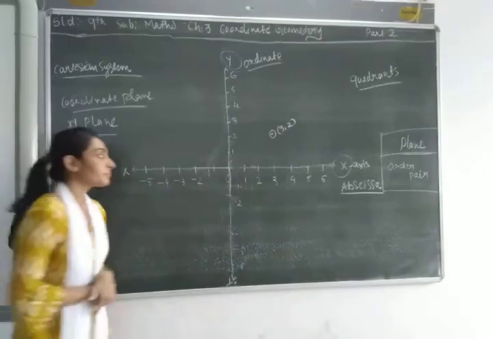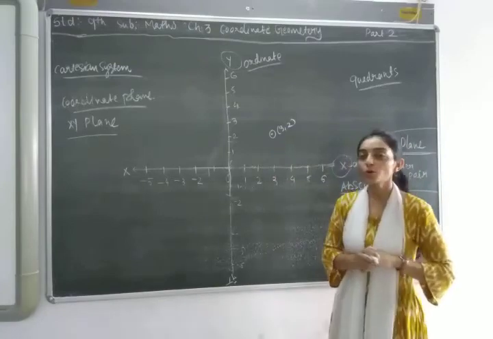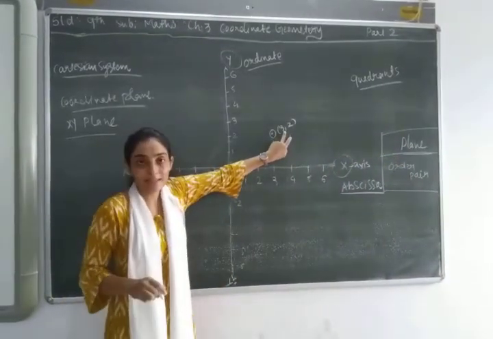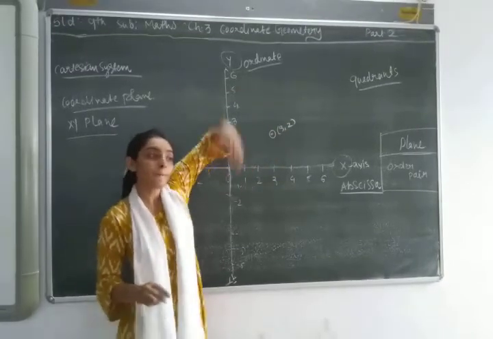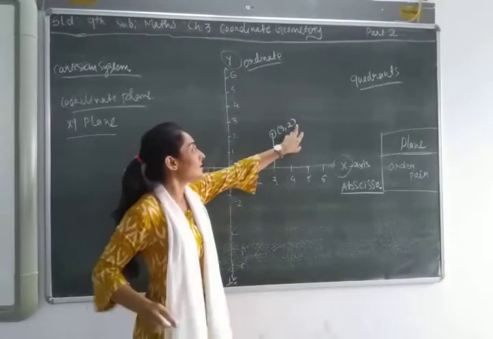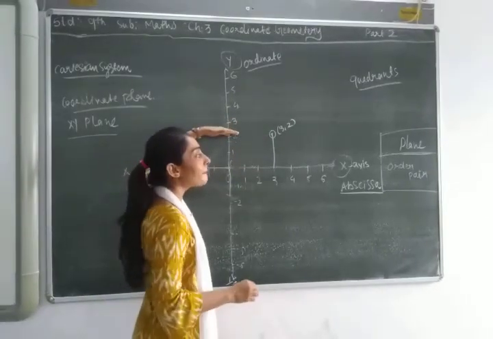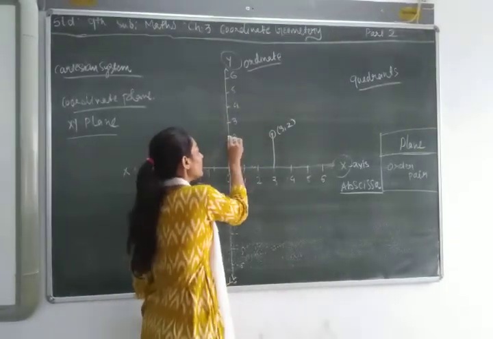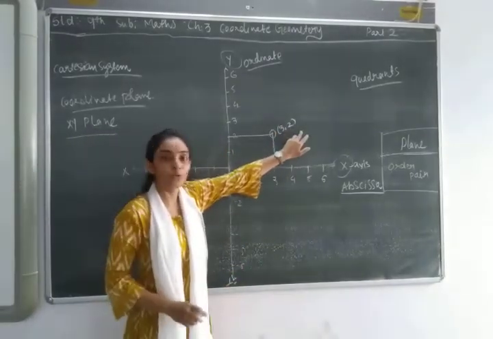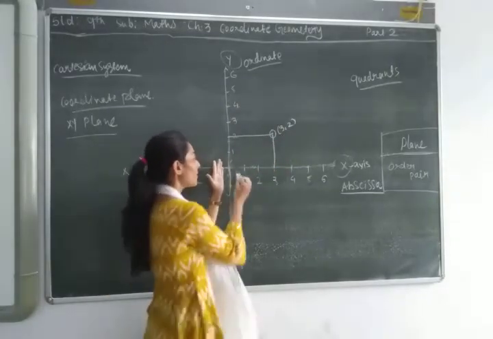How do we draw this point? It means, see, this one represents the x-axis. It means we draw a perpendicular to the x-axis. Okay. Now this one represents the y-axis. It means we are going to draw a perpendicular from the y-axis. Okay. So this is 3 and 2. Okay, this way we can represent. So this 3 it means over here.